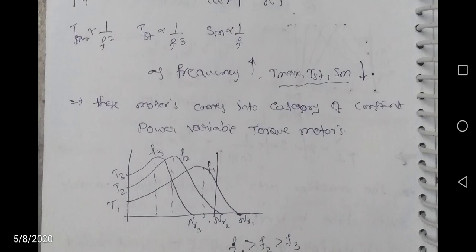Voltage cannot be increased above rated values, because if voltage is increased above rated values, the mica insulation in the machine will vanish.